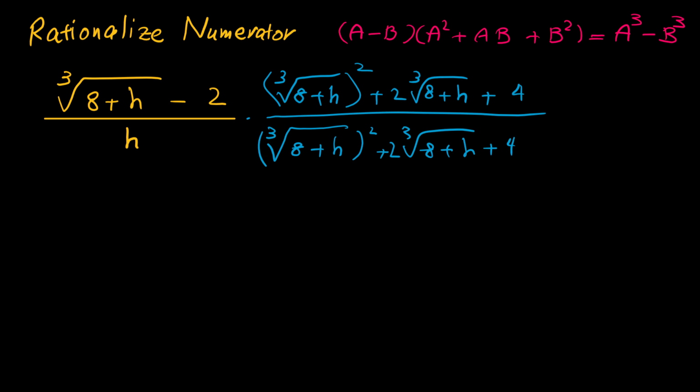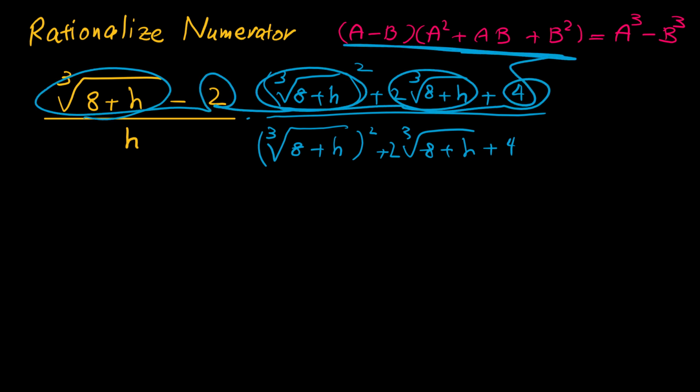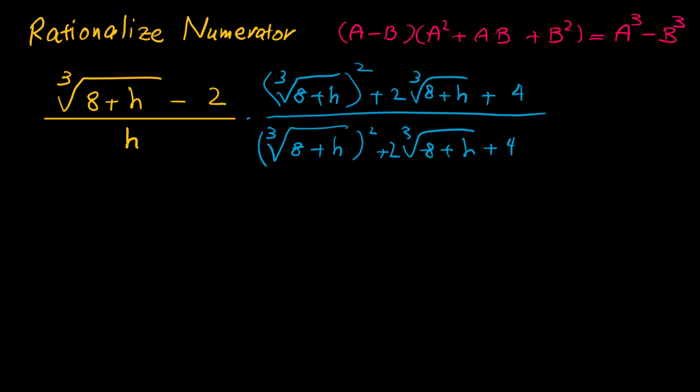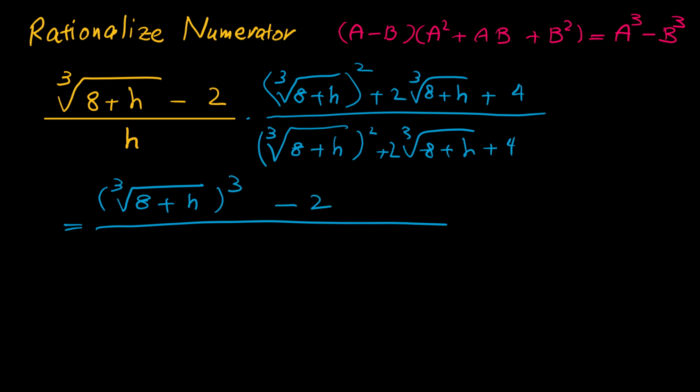Now let's multiply numerator by numerator, denominator by denominator. If you pay attention, numerator is a minus b times a2, ab, b2. So for multiplying numerator, we use this identity, and we have a to the 3 minus b to the 3. So numerator is cube root of 8 plus h to the power of 3 minus 2 to the 3. Let's simplify the numerator.